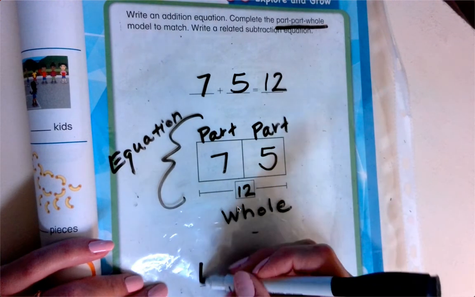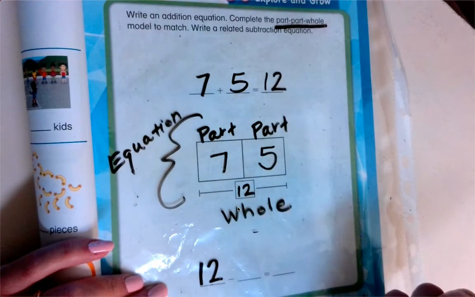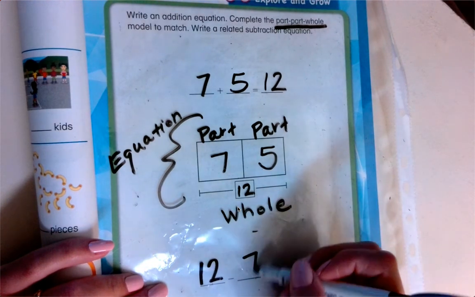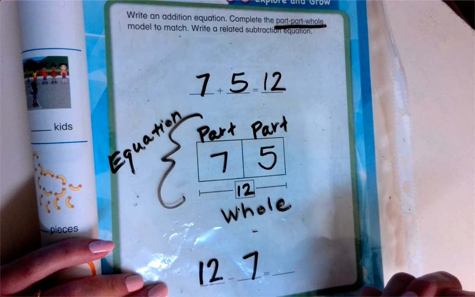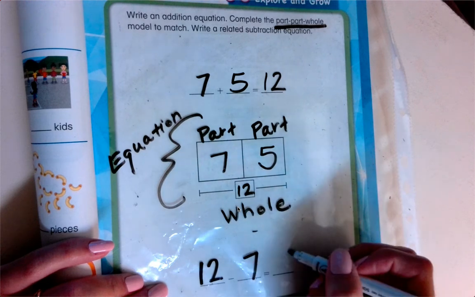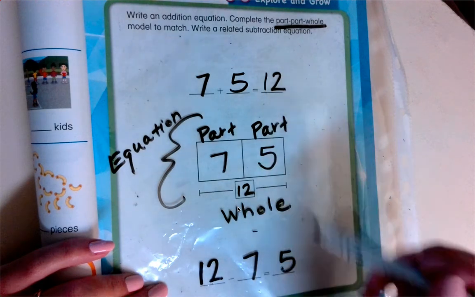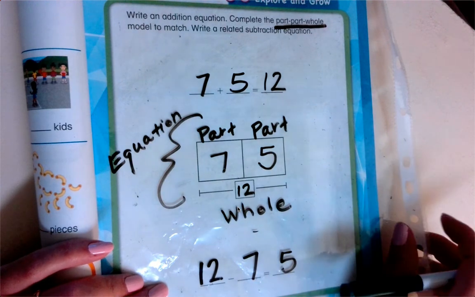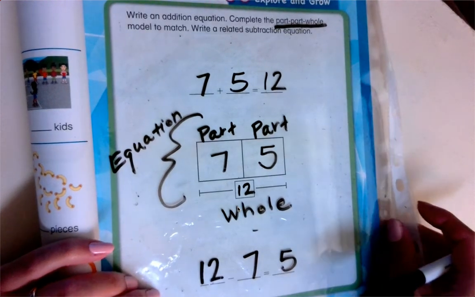So let's start with the 12. Let's see, what would happen if I put a 7? Let's think. Yeah, it would also be 5. So these two relate to each other. Okay. All right, let's go to the next page and talk more about the part-whole.